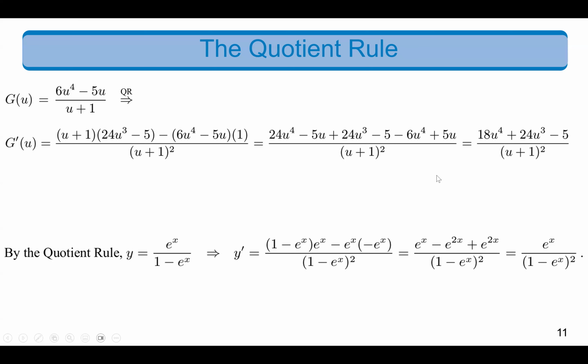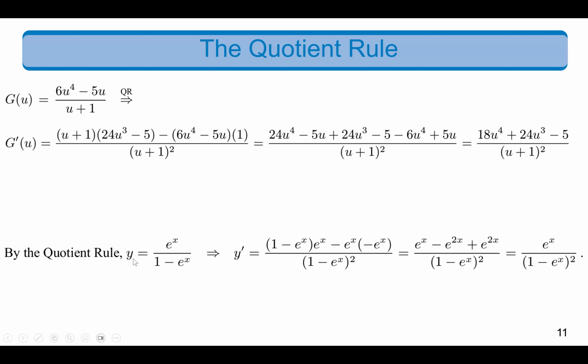We combine the like terms: minus 6u to the power 4 and 24u to the power 4 give us 18u to the power 4. We have minus u plus u, so they cancel. Then we have 24u cubed by itself and minus 5 by itself. So we bring it down, and that will be our final solution here.